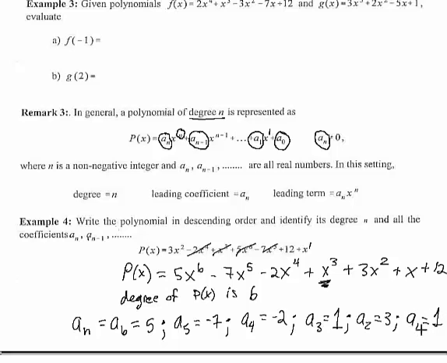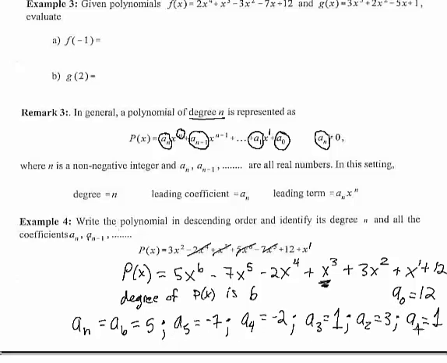So the subscript tells us the exponent of the variable. Here is the variable with an exponent of 1. We look in front, pick up the coefficient, and that was 1. And so in the end, we have A0 equals 12. A0 is our constant of our polynomial.